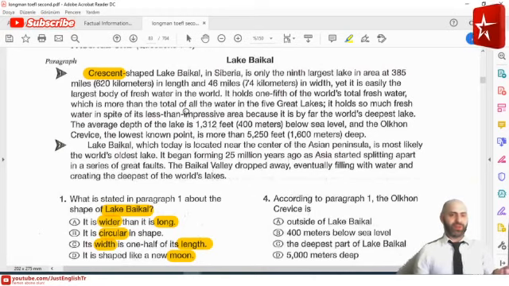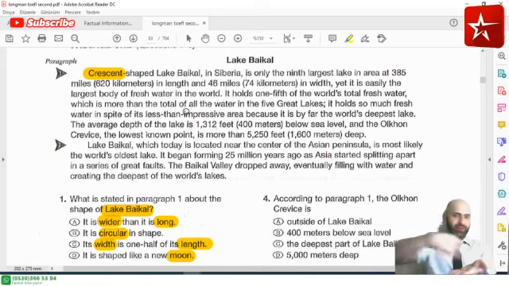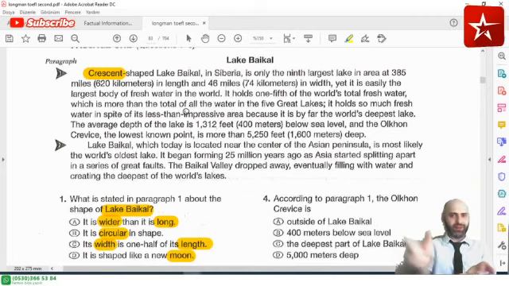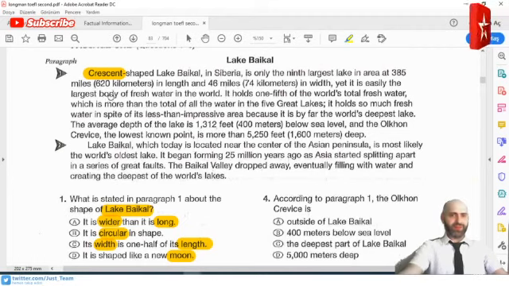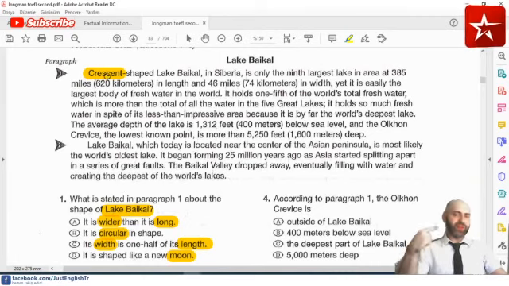So, croissant, is it circular or is it like a new moon? Of course, croissant is like a half moon or new moon. Therefore, I see crescent, I have an association with croissant. Croissant looks like a new moon. And my answer is, of course, D.